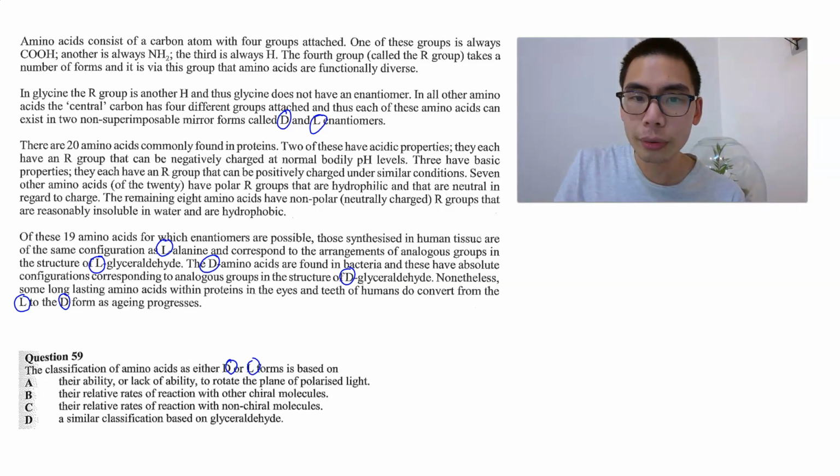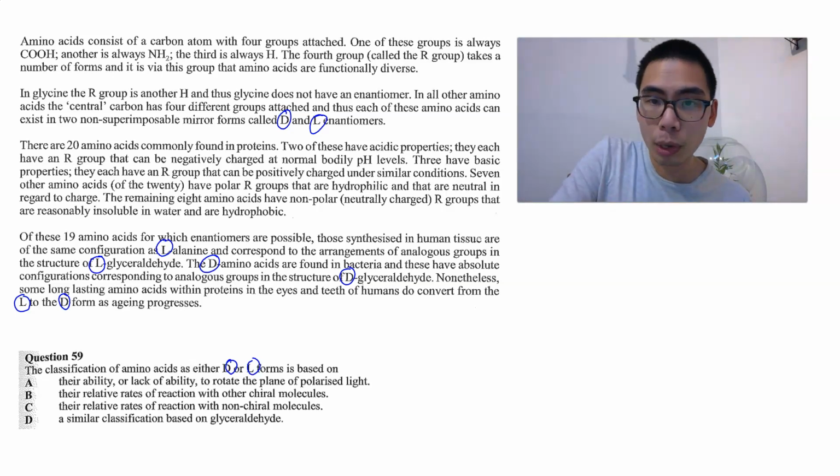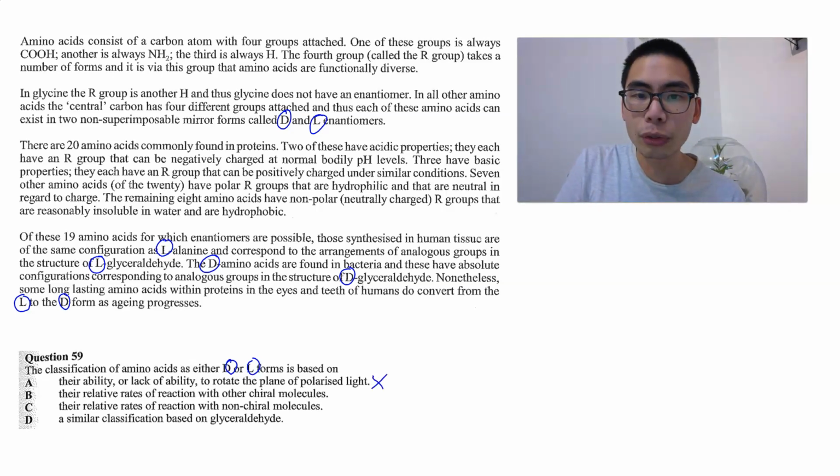There is no mention of polarized light or rotation or rotate in the stimulus above. So it's probably not the answer. Okay, if you thought that this was the answer, just wait until the end of the video because I'll have a bit of commentary there. But the answer is not actually A.